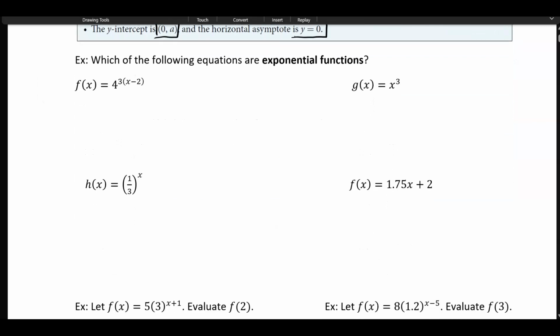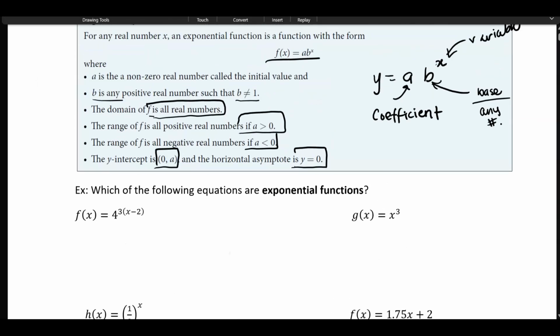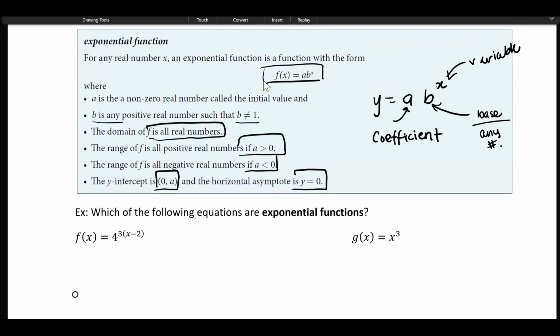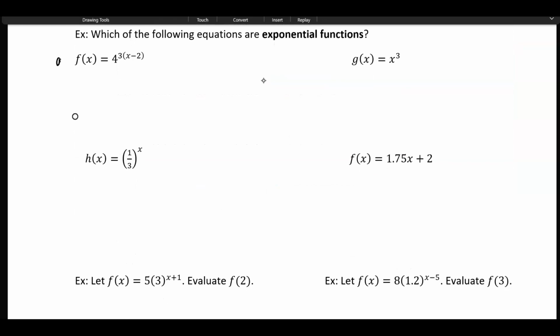Which of the following equations are exponential functions? So thinking about the fact that an exponential function is going to look like this, let's call these A, B, C, and D. And what I'd like you to do is mark which ones you consider exponential functions.